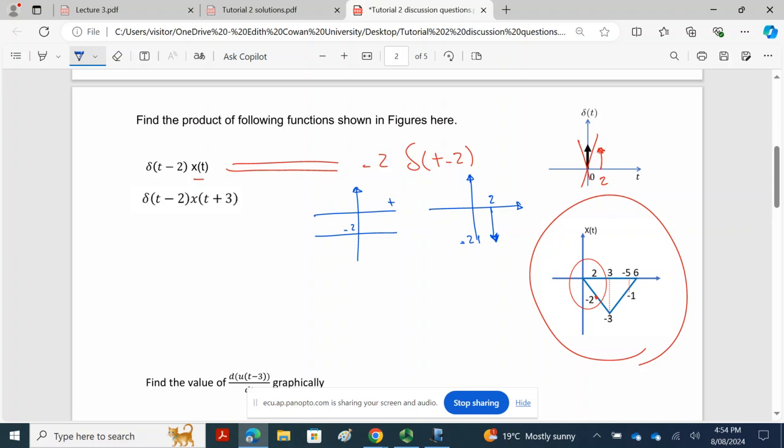Now, again, I'll leave the second one to you. Just grab a piece of paper, find delta(t minus 2) times (t plus 3). Okay? 1 minute. Just solve this in a minute.